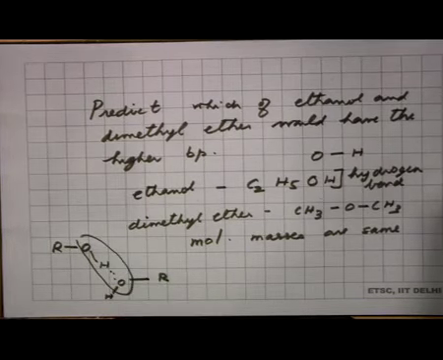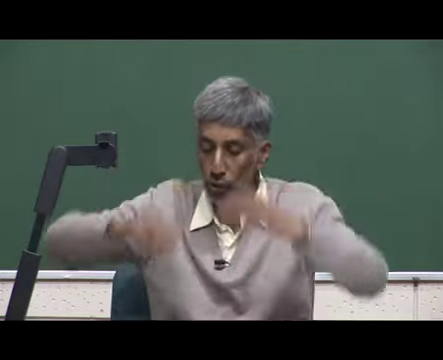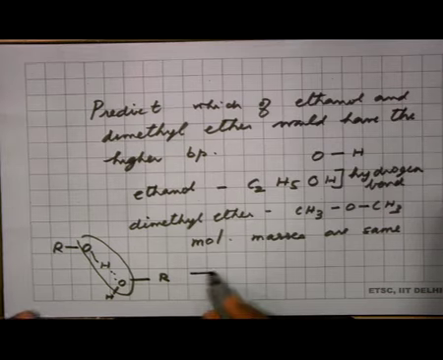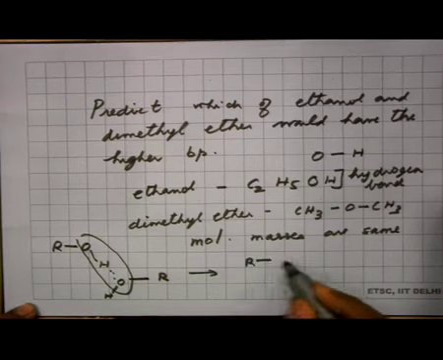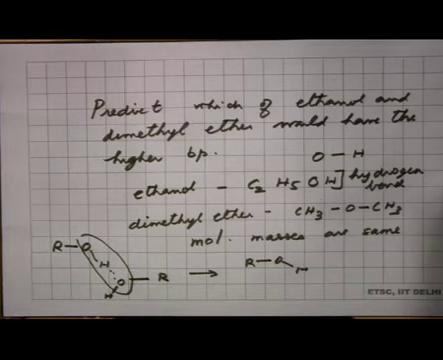And if you have lots of molecules and they are hydrogen bonded together, then if you have to get this to boil, you have to go from this, which is what it is in the liquid state, to this situation where you have molecules that are free.